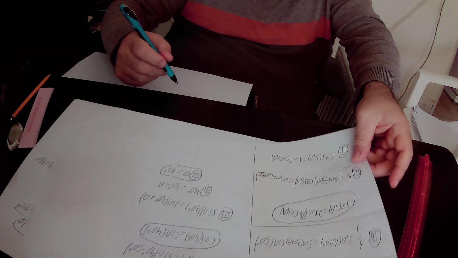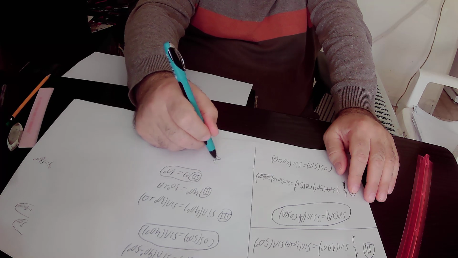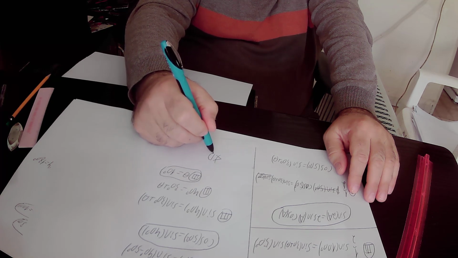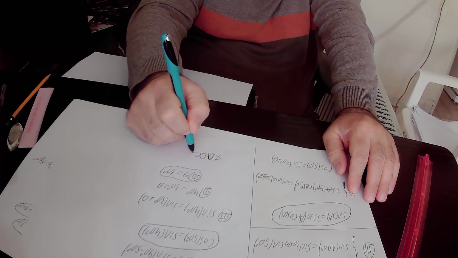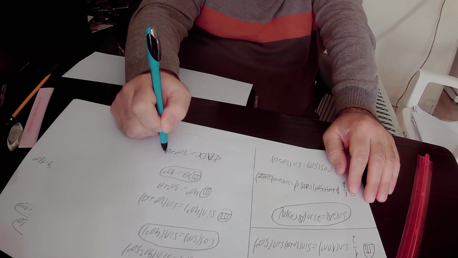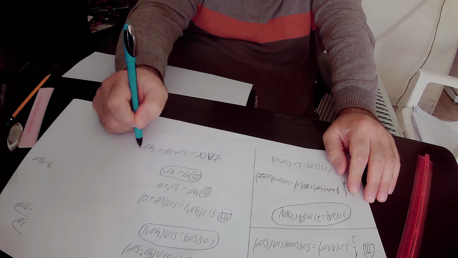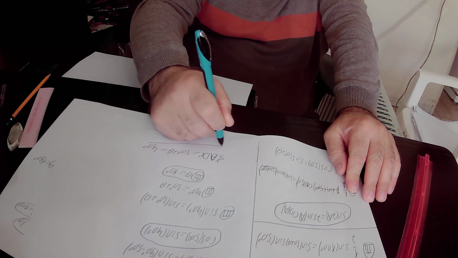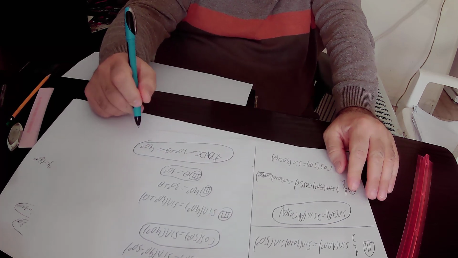So we found out that angle ADC equals 40 degrees. Okay, so the answer to the question is that the angle ADC equals 40 degrees.